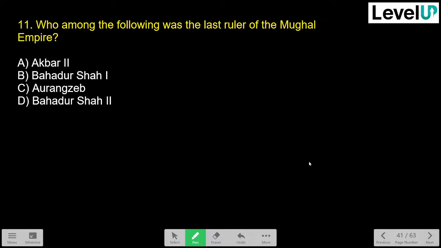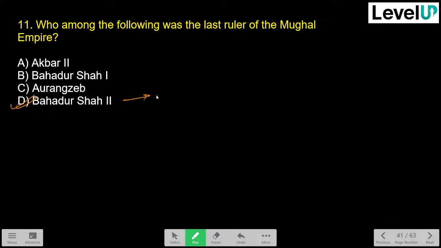Who among the following was the last ruler of the Mughal Empire? Who was the last ruler? Try to answer it. So the last ruler was Bahadur Shah Zafar, or Bahadur Shah II.